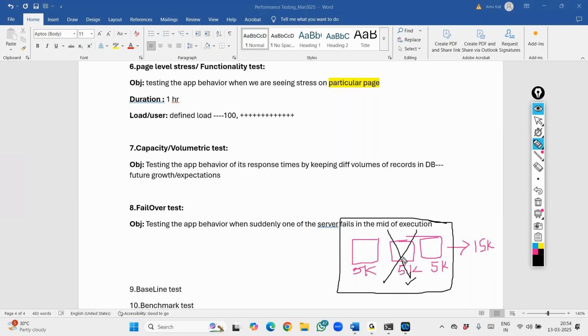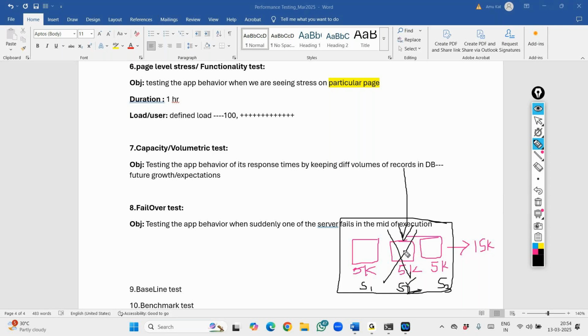In the middle of the Big Billion Sale, if one of the servers fails, it doesn't mean that all the users who reached server S2 are not going to be able to utilize the deals.